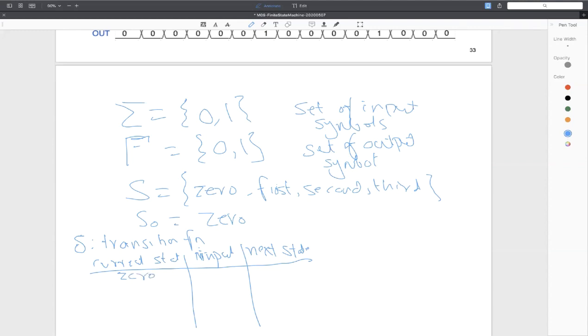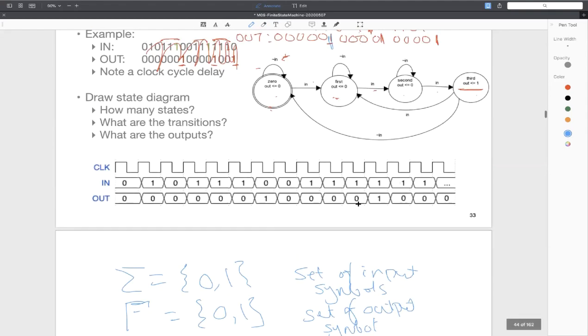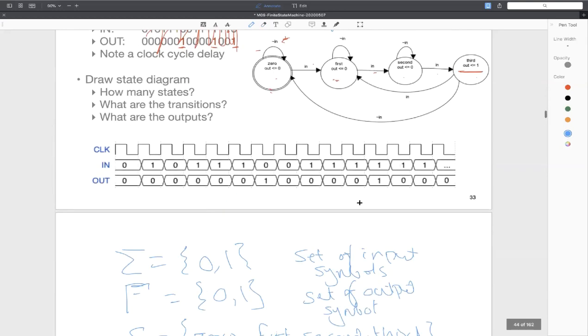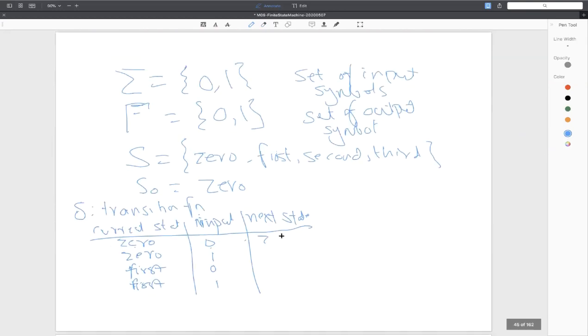But let's say I'm in state 0 and input is 0. State 0, input is 1. State first, input is 0. State first, input is 1, right? Now, if I'm in state 0 and the input is 0, what is the next state? Well, I stay in state 0, self loop. So I would say 0.